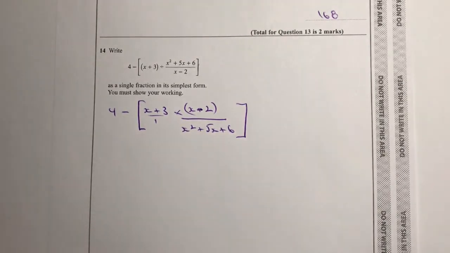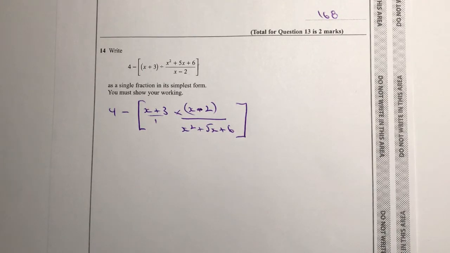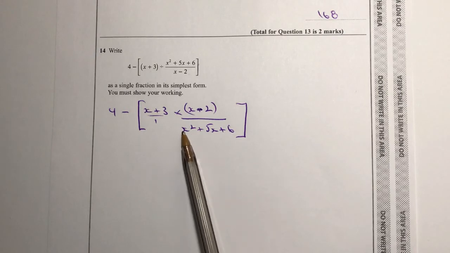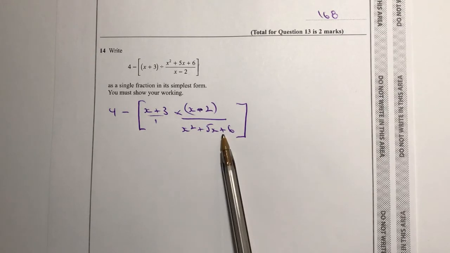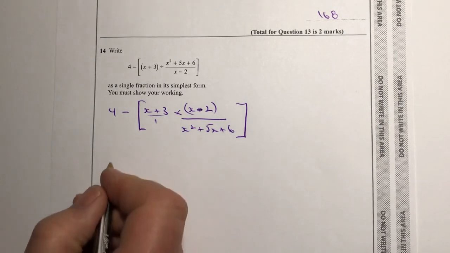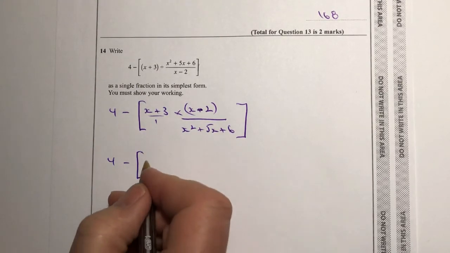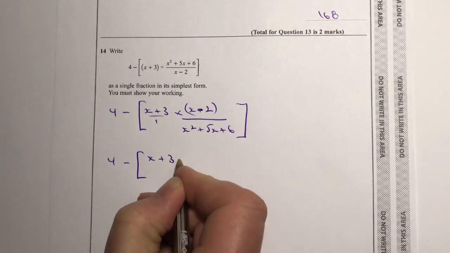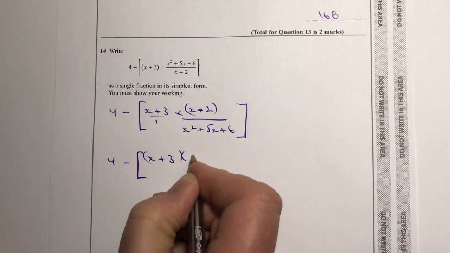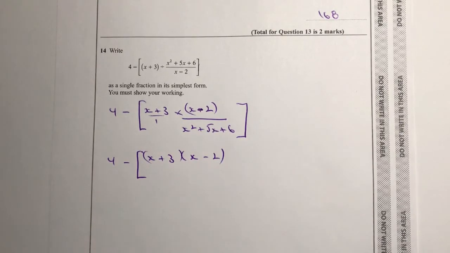Okay, so it's like dealing with any single fraction. Whenever you divide them, you need to multiply and flip them around the other way. Okay, so let's have a look then at how this is going to work out, particularly if I factorise this. Okay, so I end up with 4 minus big brackets, and I've got x plus 3 multiplied by x minus 2, so that's the top bit of it.